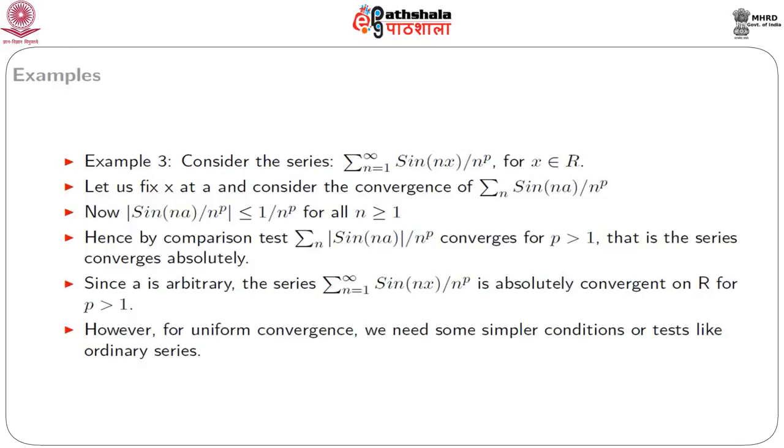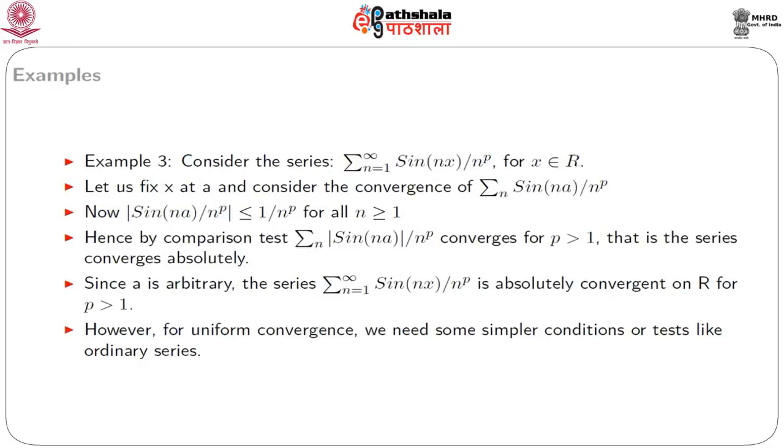Hence, by comparison test, the series converges for p greater than 1, that is, the series converges absolutely. Since a is arbitrary, the original series, that is the summation of sin(nx)/n^p, is absolutely convergent on R for p greater than 1.